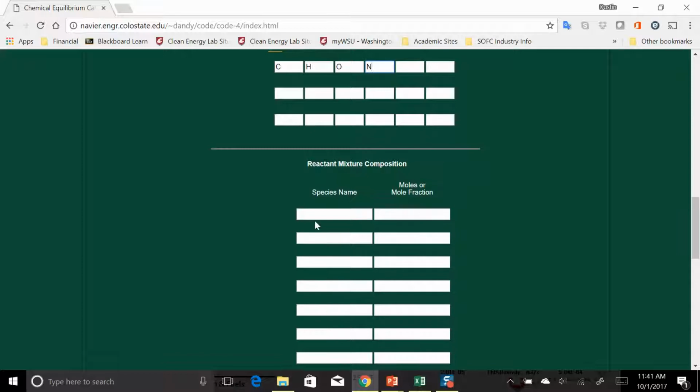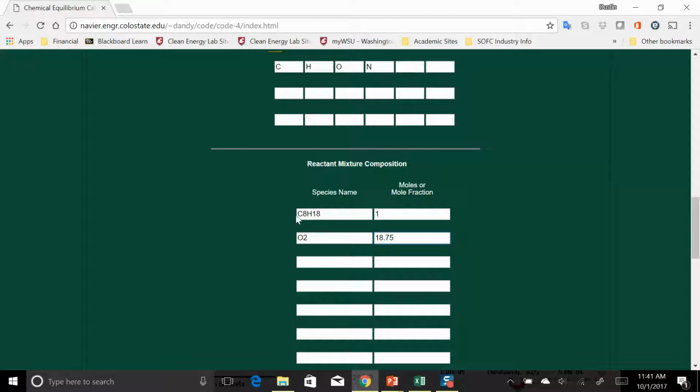And then on the reactant side, so the fuel, I'm going to say I have C8H18, and I'm going to have 1 mole of that. And then I know I'm going to have oxygen. If I did the stoichiometry to find that coefficient A, it worked out to be 18.75.